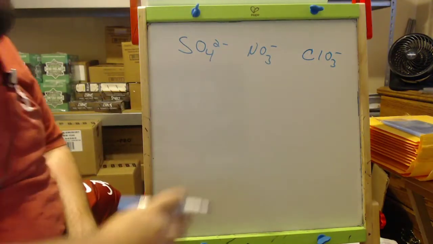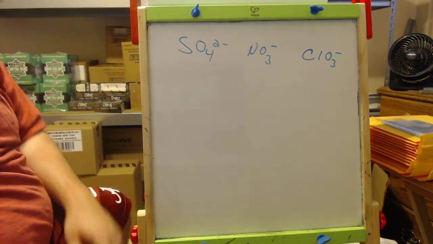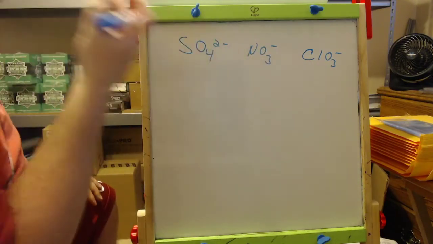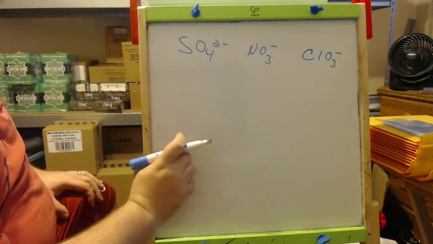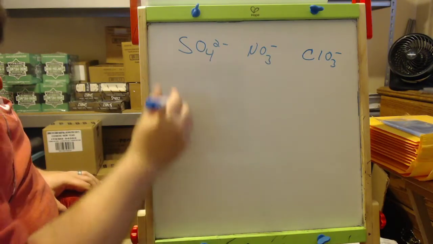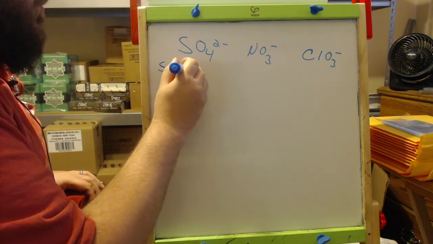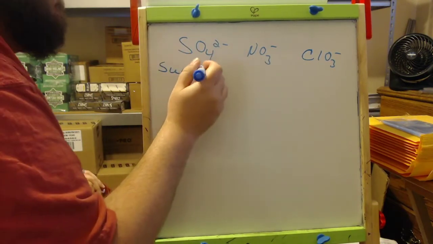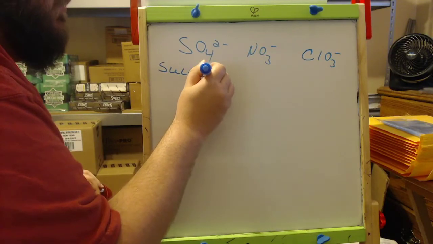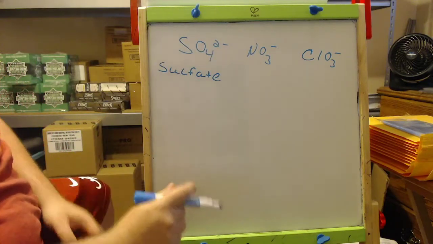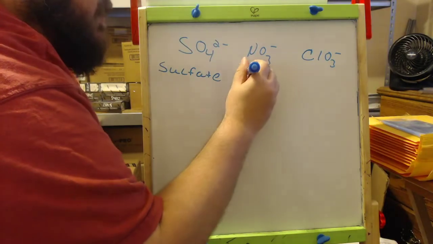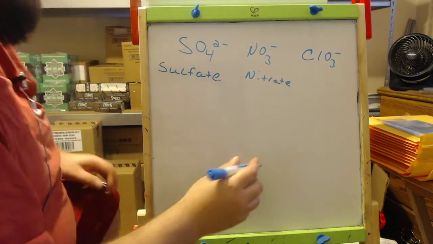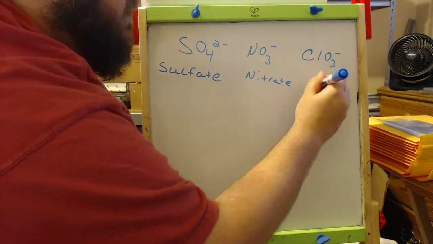If they have oxygen, and it's usually the second atom in the molecule, the way we name these is you take the root of whatever's bonded to the oxygen, and for these, you add ATE. So this is sulfate, and this is nitrate. And this is then chlorate.